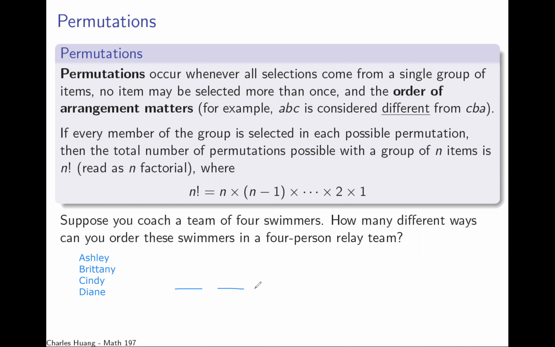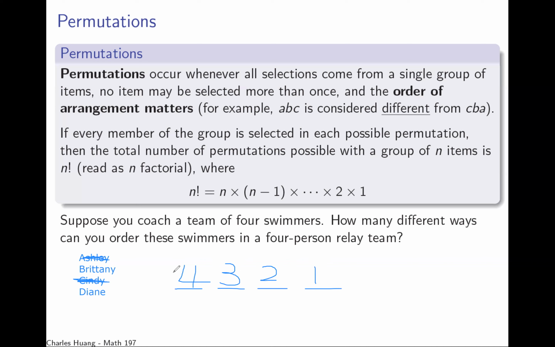You notice how we have 4 different slots. Someone to go first, someone to go second, someone to go third. In the first slot, we can pick any of these 4 people. So we have 4 possible choices. But in the second slot, suppose Cindy has gone first already. We only have 3 people to choose from to take the second spot. And after we choose a person to go second, we only have 2 people left for the third spot, and then 1 person left at the end.